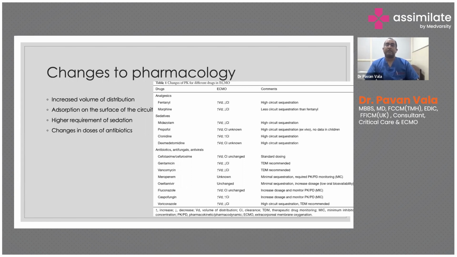All of these patients have a higher requirement of sedation. It is not uncommon for us to see patients on propofol plus midazolam plus fentanyl or morphine. But the most important part is that all the drugs, the antibiotic doses, need to be changed. Because if you're treating a patient for, let's say, bacterial pneumonia, ARDS, and you're not achieving adequate antimicrobial doses, you will never treat the patient, and it will cause even more resistance and increased duration on ECMO.